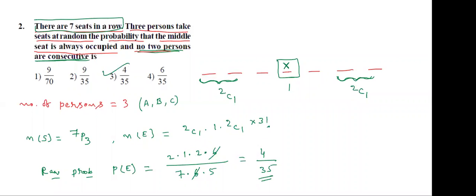That is the answer. If the letters of the word Mississippi are arranged at random, here arranged means permutation, selection means combination. So remember the difference. The probability that all the 4 S's appear consecutively. Okay.